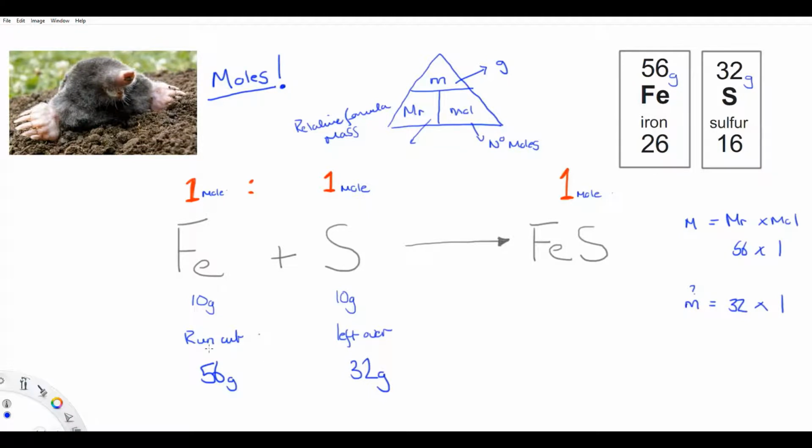And if I weighed out 56 grams of iron and 32 grams of sulfur, they would react perfectly because they have the same number of particles, and I'd have none left, and I would end up with 1 mole of iron sulfide. So that's a brief introduction to moles.